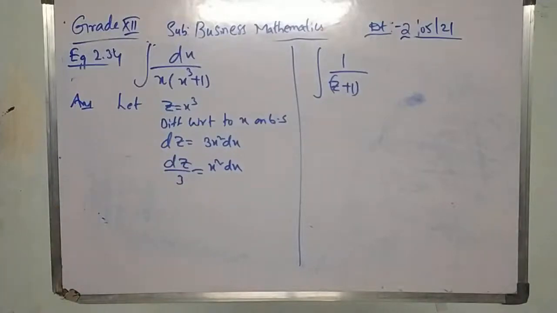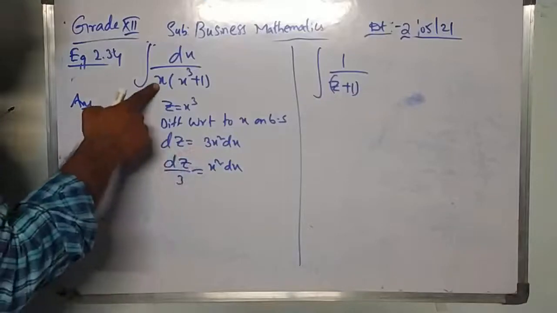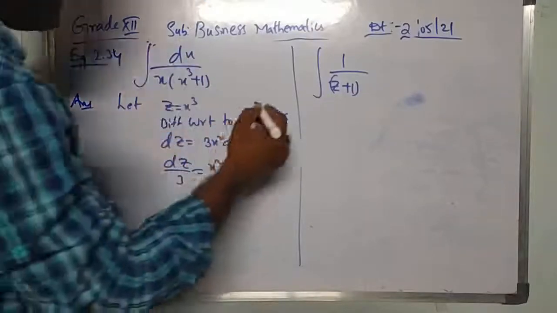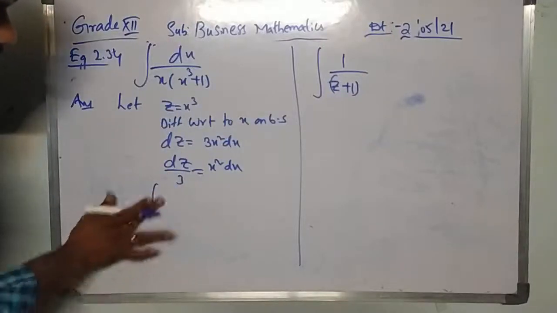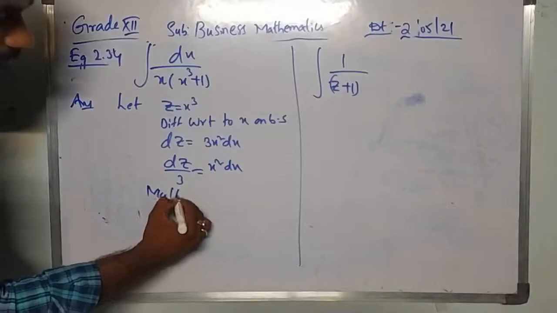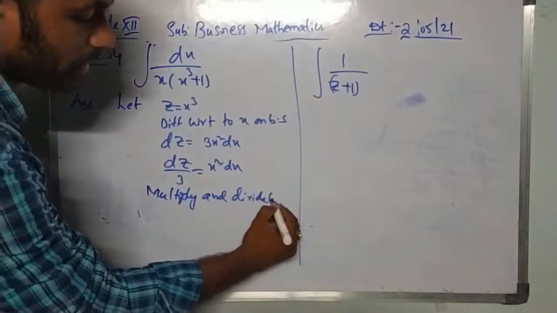Now we need here x. So z into z plus 1. Now here we want x square, but here we don't have x square dx, so we will multiply and divide by x square.